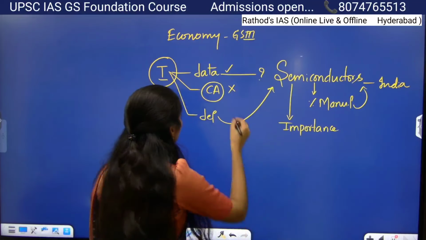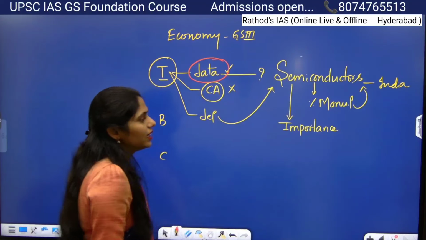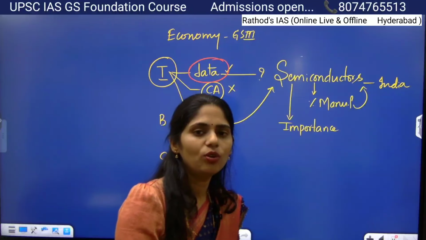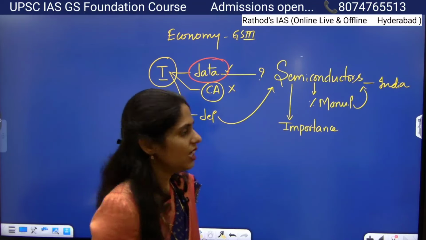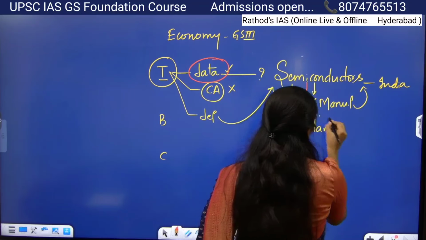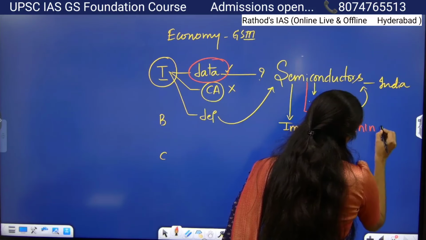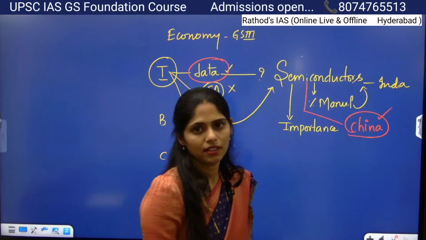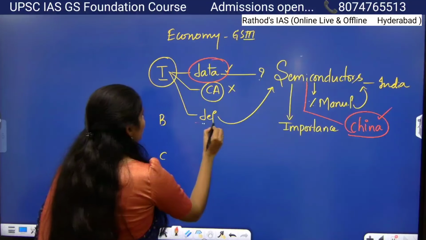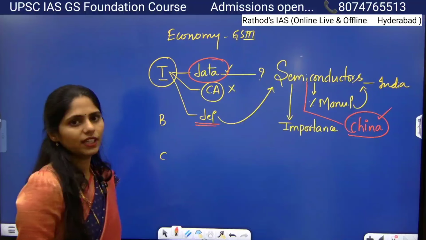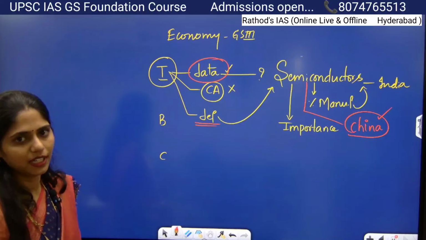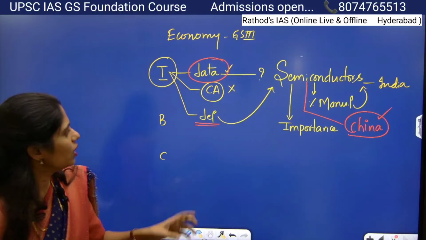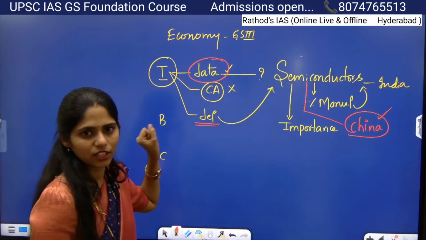One, you can use data regarding semiconductor production in our country, saying that there is very low production of semiconductors, and you can add one more point, that we are dependent on China for semiconductors. Two, you can use the definition of semiconductors, what they are, in which areas we use them, and why semiconductors are important for the development of our country. In this way you can write your introduction.